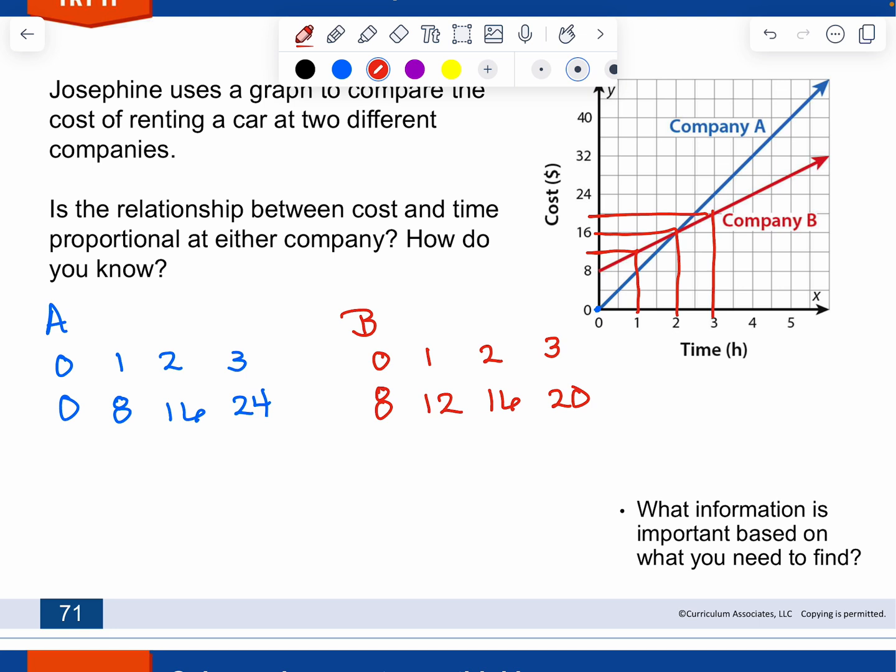Right now, I see that 1 times 12 gives me 12. 2 times 12 does not give me 16. And I also know that 0 times 12 does not give me 8. So B is not proportional.